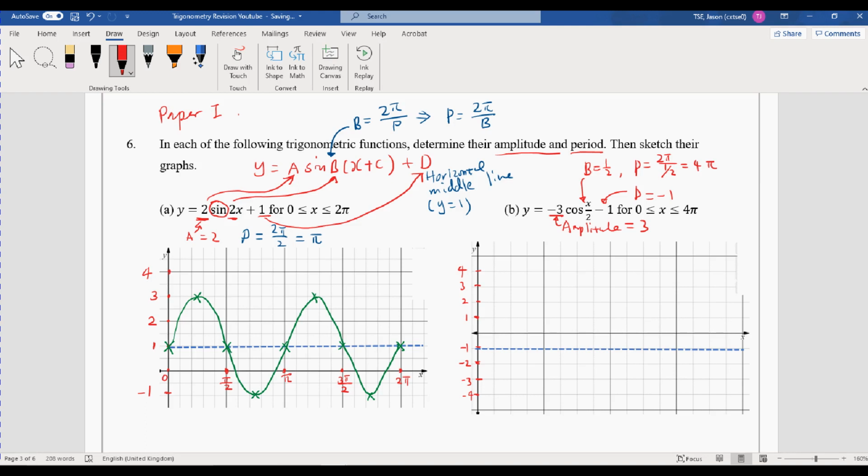And the period is 4 pi. So how can we get the values on the x-axis? Possibly I should do it like this. So that's 4 pi, and because that's a minus cosine curve.